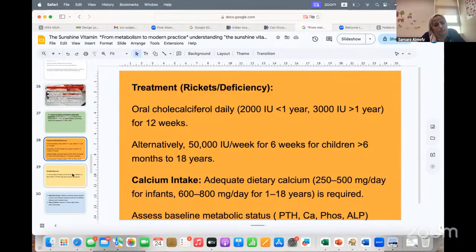That is not really in the recommendations of pediatric guidelines. But it is a recommendation already in adult guidelines to avoid osteopenia and osteoporosis. It is recommended as a co-administration with K2.